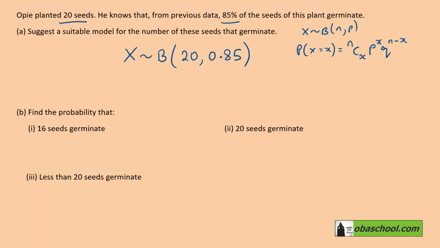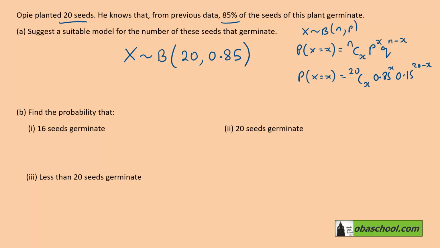In other words, q is the probability of failure. So in this case, it would be 0.15. So for our case, the mass function is going to be 20Cx, 0.85 to the x, 0.15 to the 20 take away x.